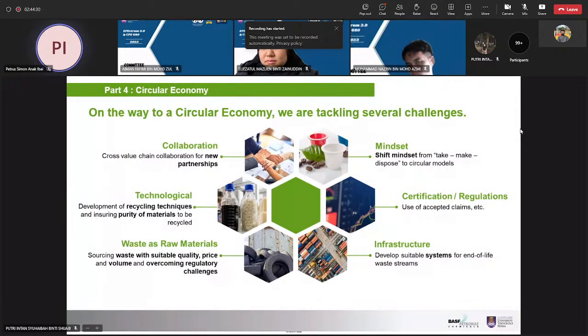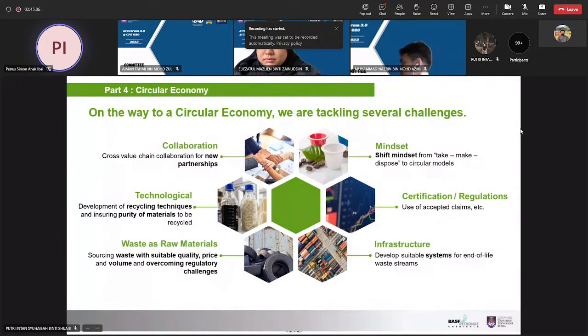Of course, by doing this, we are facing challenges. One of the challenges is collaboration. We look for cross value chain collaboration and new partnerships to shift the mindset from take, make, dispose into a circular model. And of course, the biggest part, what we are discussing now, is the technological development of recycling techniques and ensuring the purity of the materials to be recycled.